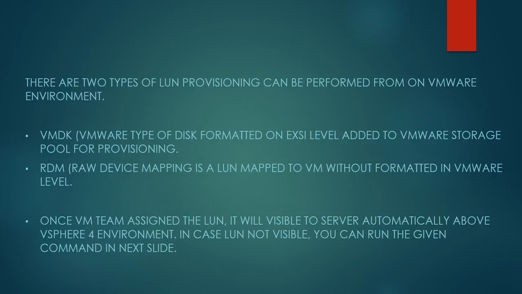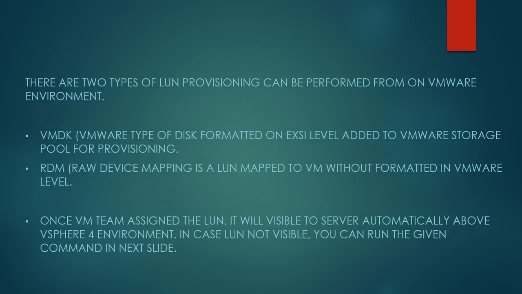Okay, so for now I'll be showing you how to scan a VMDK LUN and how to extend the file system. Earlier, in VMware ESXi 3 and 4, we did not have the feature when you assign a new LUN from ESXi to any VM.